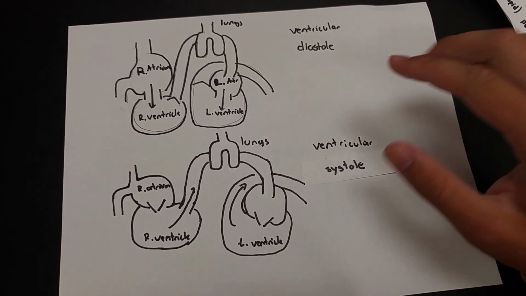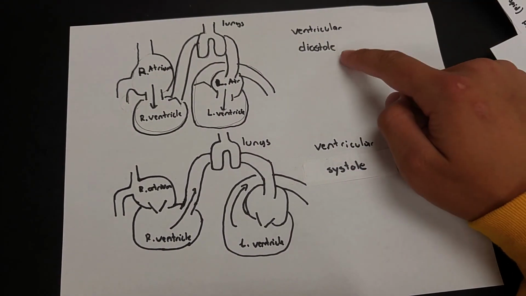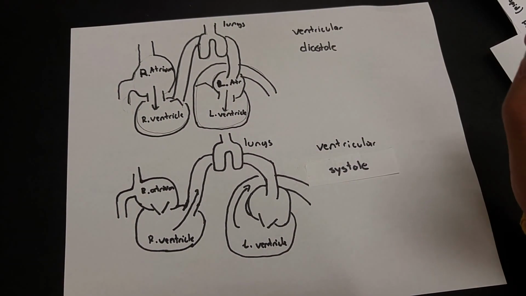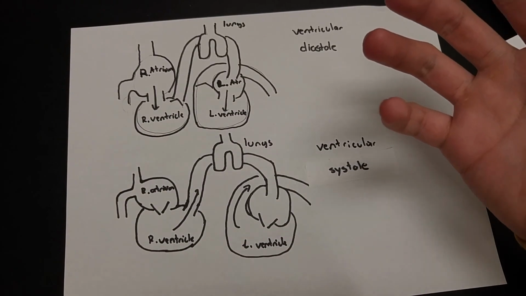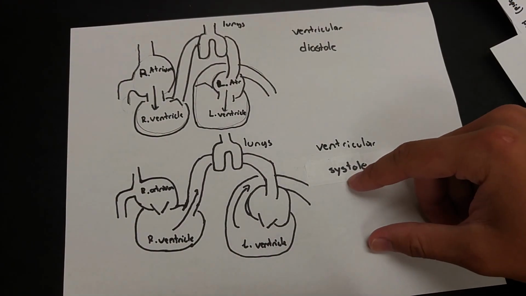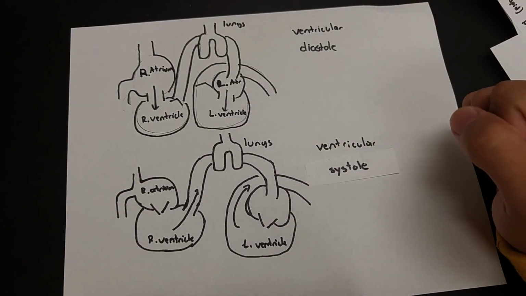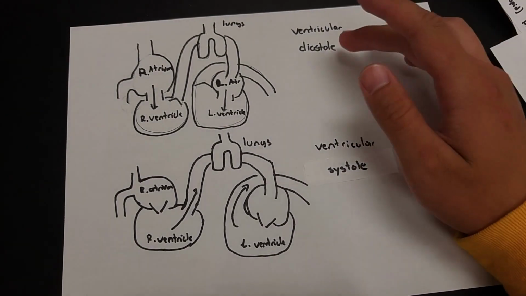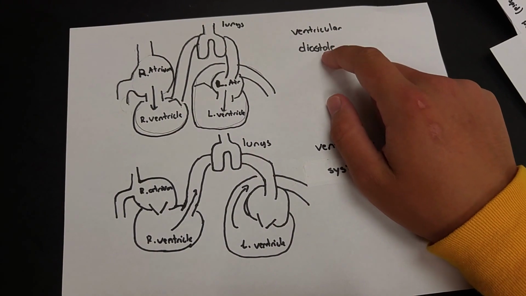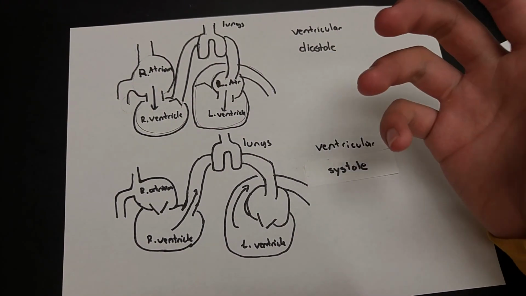So it's split into two parts, diastole and systole. Diastole is when the chamber refills with blood, and systole is when the chamber constricts and pumps the blood out. Let's look at it from the ventricular side. Ventricular diastole is when the ventricles refill with blood.